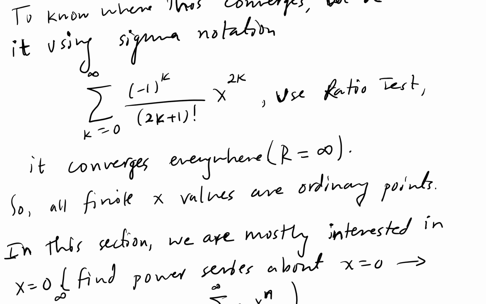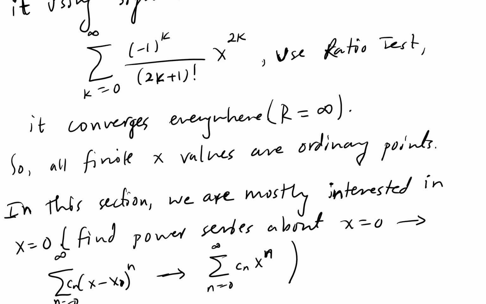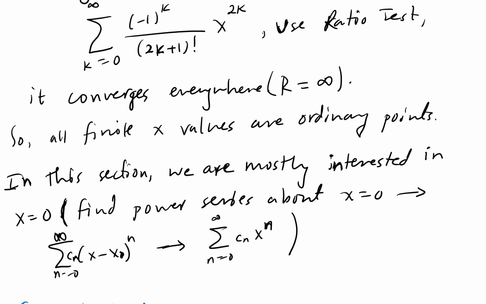So in this section, we are mostly interested in x equals 0, as the x0, like x naught equals 0. So basically, we say we find power series about x equals 0. Just to remind you about this from early in the previous section, if you reviewed that.